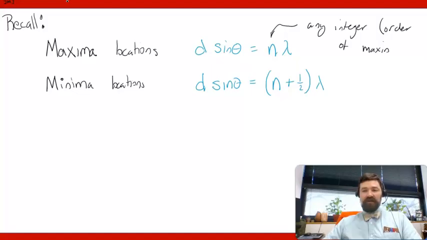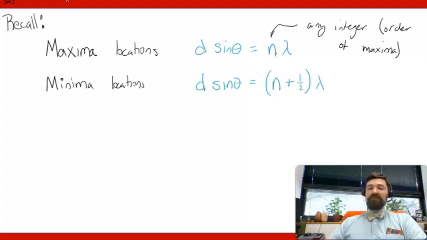Now n itself must be an integer because it is an order number. It is a cardinal number, but it goes with the ordering of the maxima and minima. N equals 0 is actually the central, and then n equals 1, 2, 3 is basically how many do you have to count away from that center.